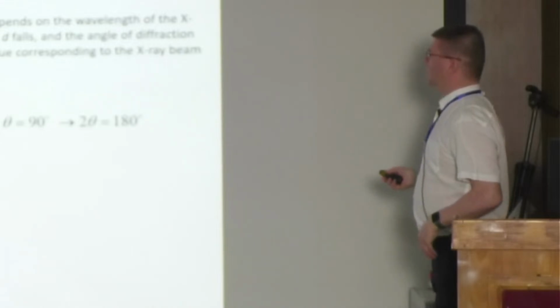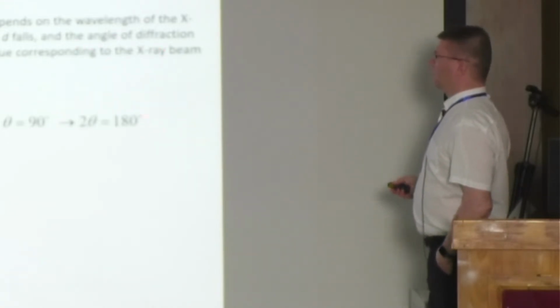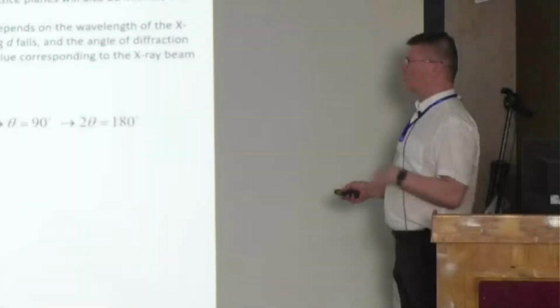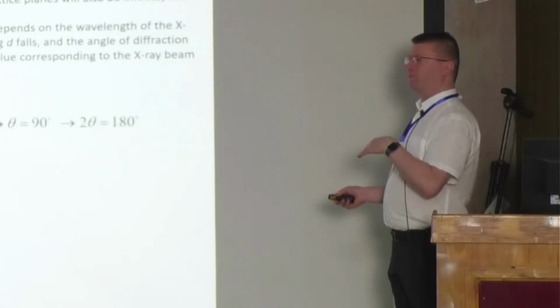Based on that we can calculate, but then there is also a practical limit, which is the limit of detection. We cannot detect something which goes backwards. So there is a mechanical limit for these numbers, and with it we can know how many individual reflections can come out of there.